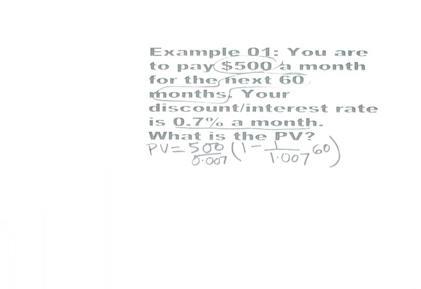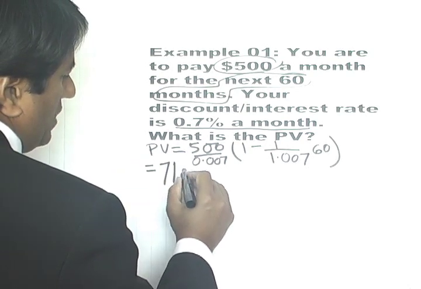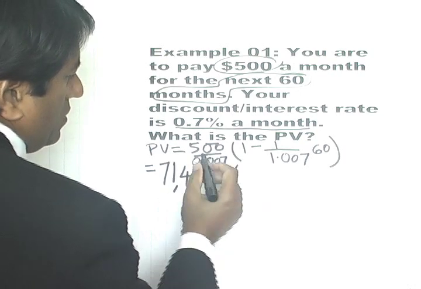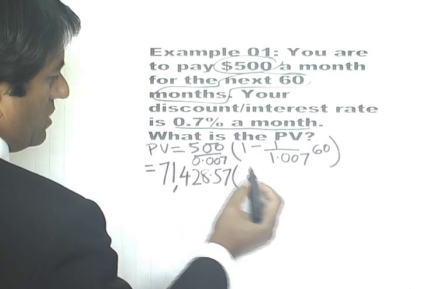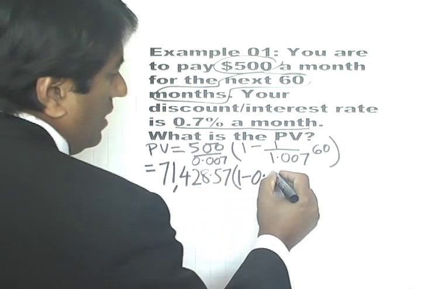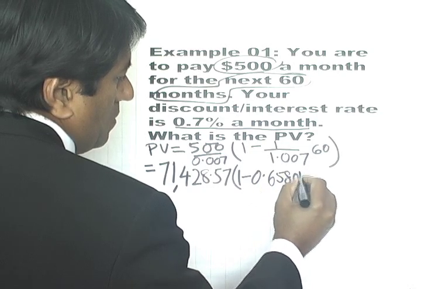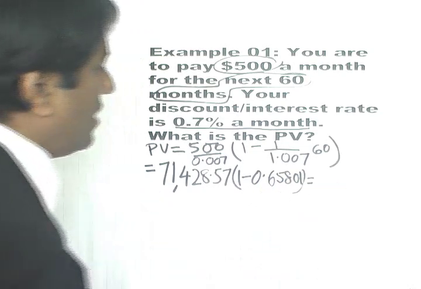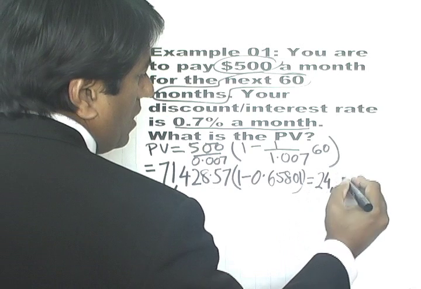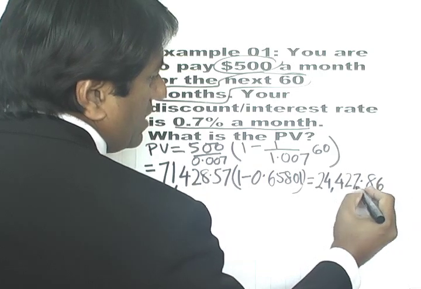So this should be the present value of the annuity. That's 500 divided by 0.007 into 1 minus 0.65801, and that will equal $24,427.86.